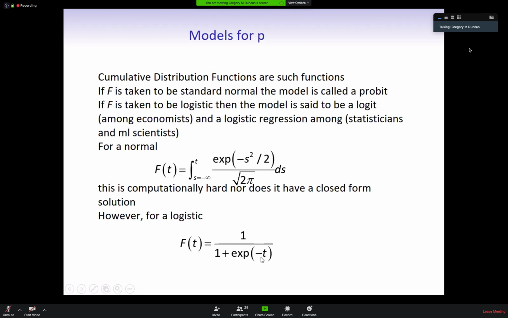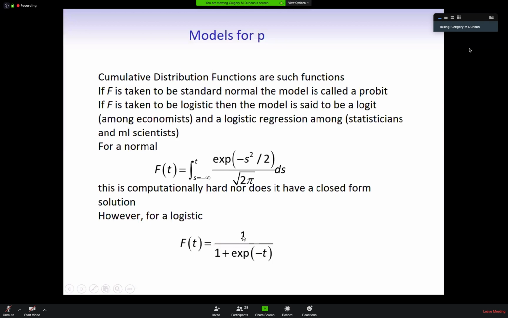First, what happens if t is equal to infinity? Exp to the minus t is what? It's 0, and so I get 1 over 1. So f at infinity is equal to 1. Let's say t is equal to minus infinity.